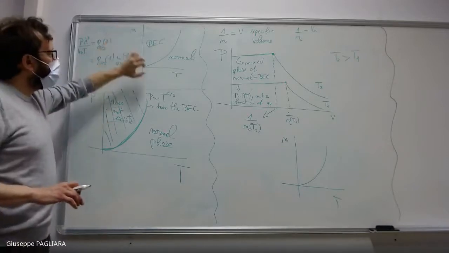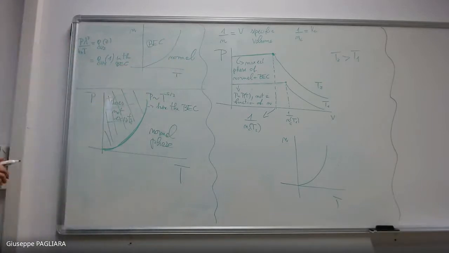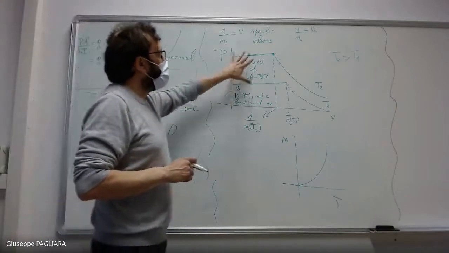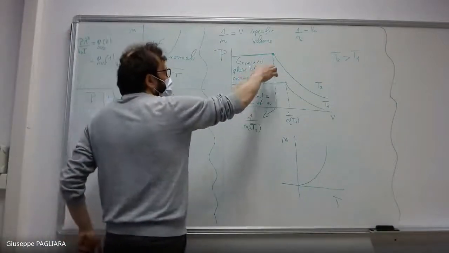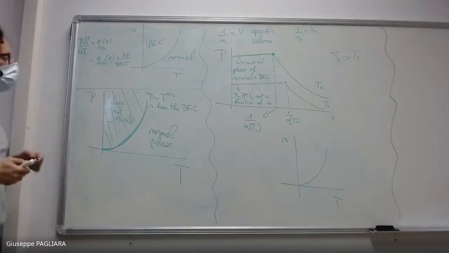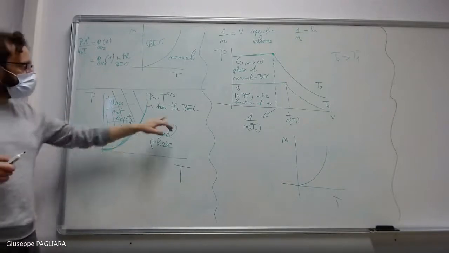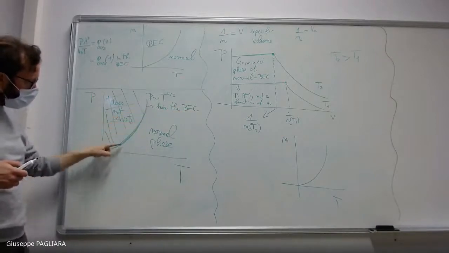So here I have N versus T. I have a critical line here, which was derived by imposing that N lambda cubed is equal to g 3/2 of 1. Here is the BC, here the normal. Here is the PV plot with the isotherms, isothermal curves, and I see a mixed phase. Here, we can compare, if you want, with the phase diagram of water. I have the PT plot, in which the Bose-Einstein condensate states are just the ones occupied by the points along this line.